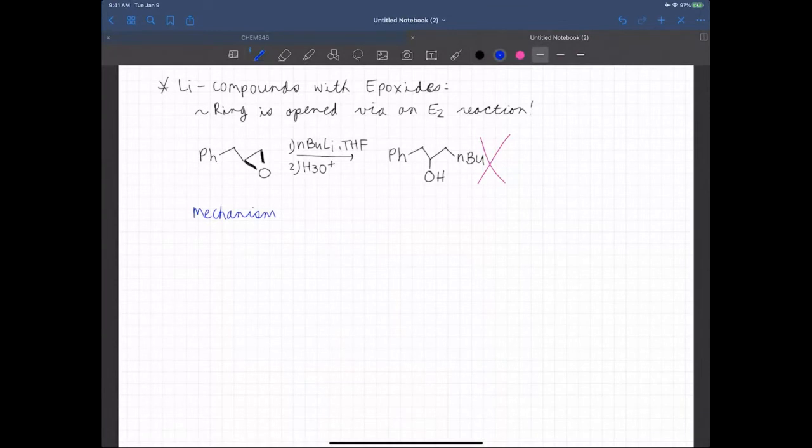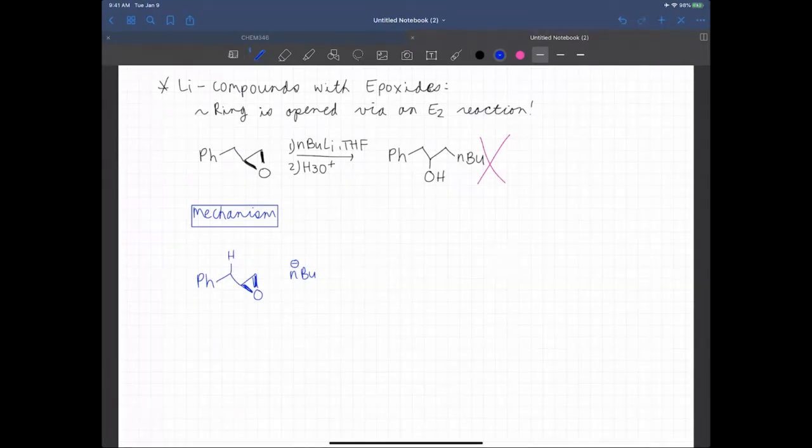Because you are using strong alkyllithium compounds, it will be an E2 reaction mechanism instead. Okay, so n-butyllithium is going to deprotonate the most acidic proton. And the most acidic proton is the one that is adjacent to the epoxide, okay, which is right here.